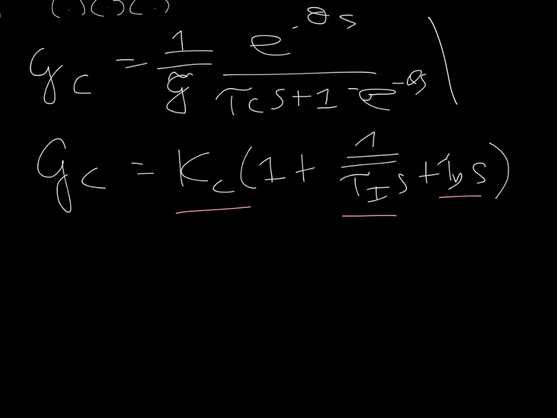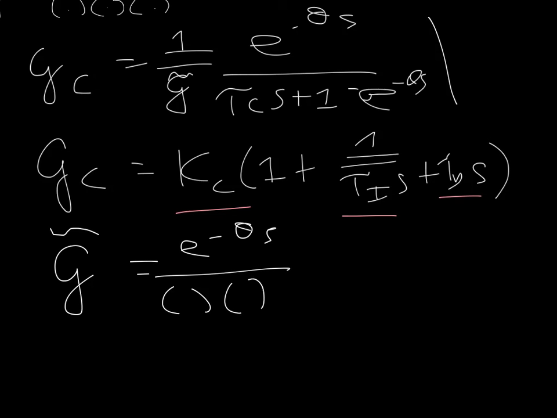Now, you can see that this equation doesn't feature any e's, right? There are no e's in here. If G tilde originally contained dead time, then that dead time will cancel with the dead time that we have in the controller.